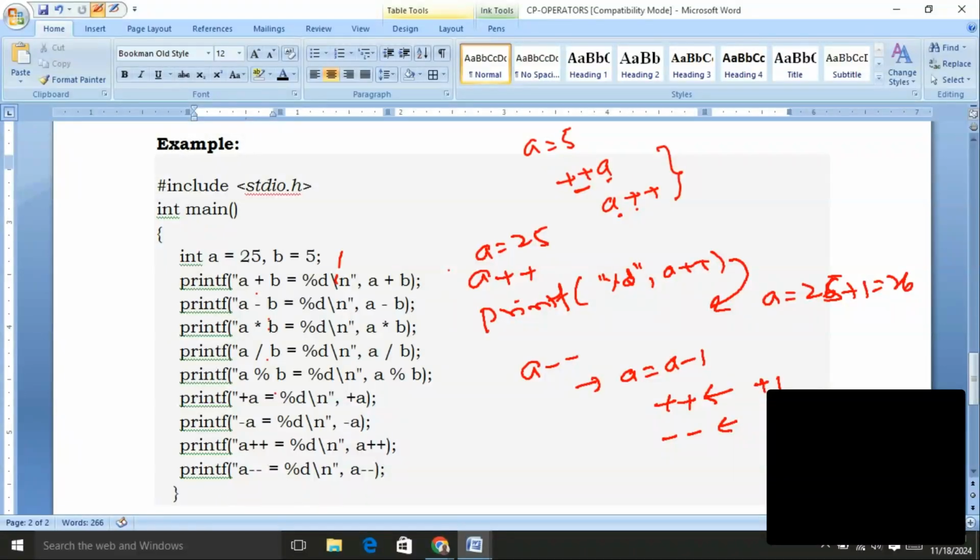This is plus 1 automatically, this is minus 1.